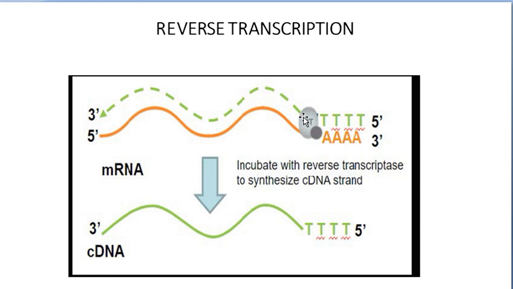It moves from the 5' direction to the 3' direction, anti-parallel to the RNA template. It starts adding the complementary DNA to the RNA strands. Once this is done, at the end we have a hybrid RNA and DNA.